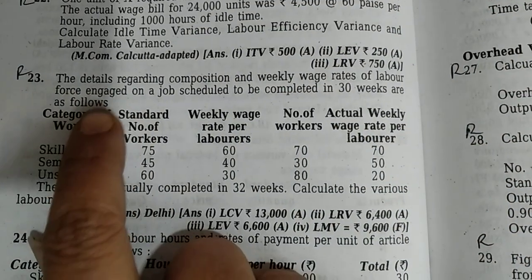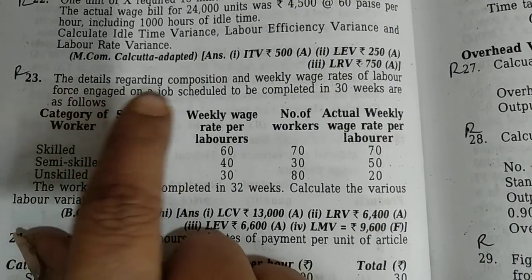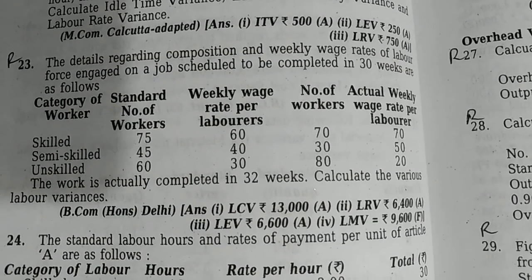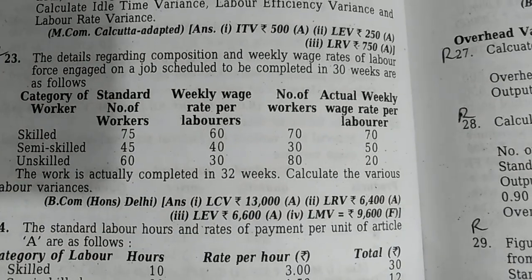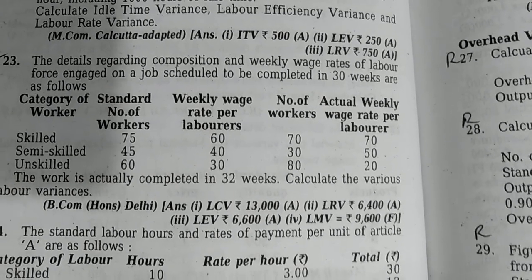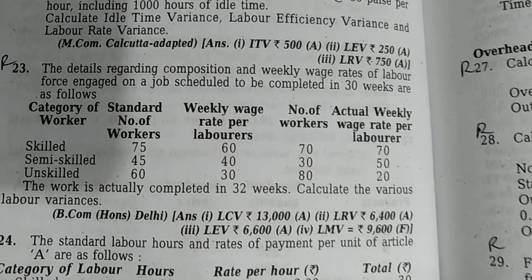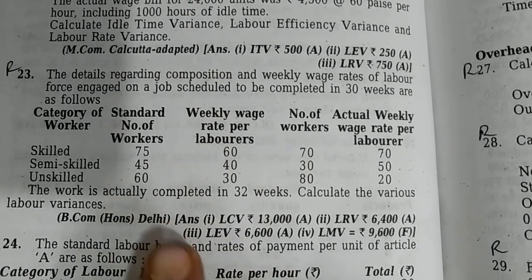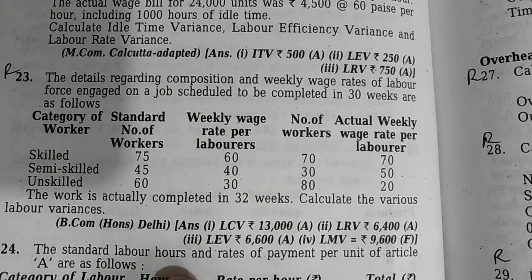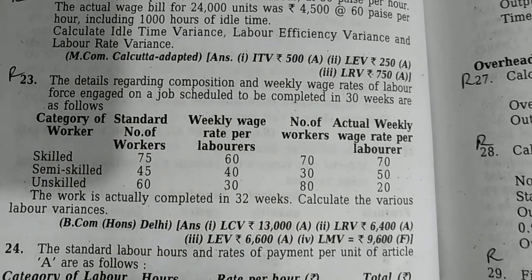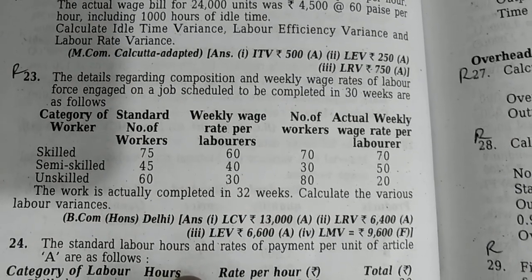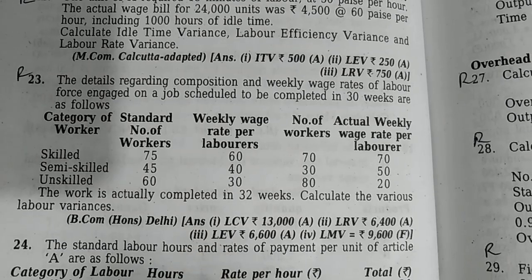Now let's see the problem, the 23rd problem which I'm taking. The details regarding composition and weekly wage rate of the labor force engaged on a job scheduled to be completed in 30 weeks are as follows. So 30 weeks is the standard weeks, and the categories of workers he has given are skilled, semi-skilled, unskilled. The standard number of workers are 75, 45 and 60, and the weekly wage rate per laborer is 60, 40, 30.